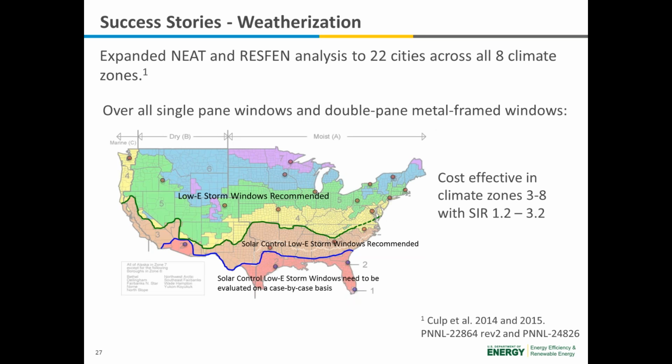And then with support funding from Building America, PNNL, and I was involved, we did calculations expanding this NEAT analysis, also doing it using REM/Rate, which is another software package from Lawrence Berkeley National Lab, to expand this analysis to 22 cities across all 8 climate zones, all the way from Zone 1 in the southern tip of Florida up to Zone 8 in Alaska.